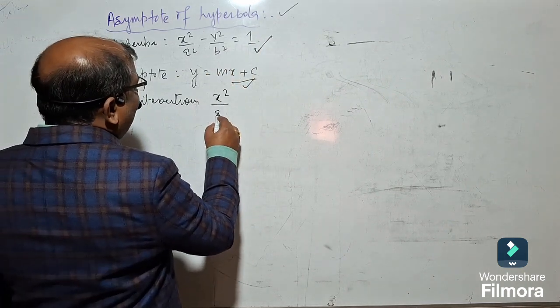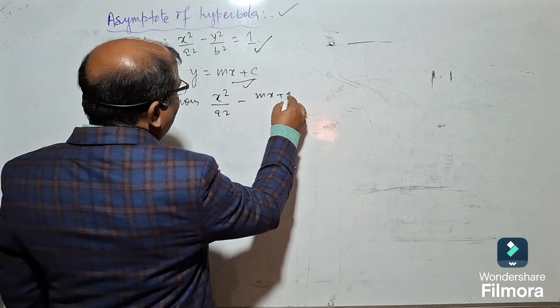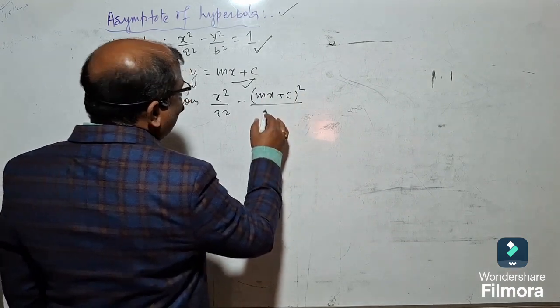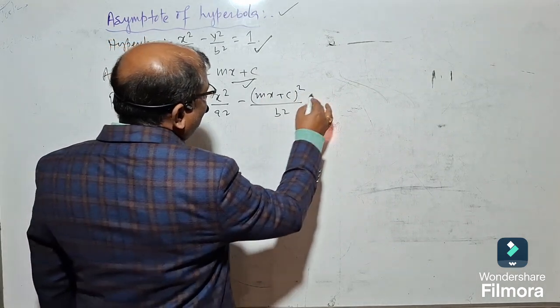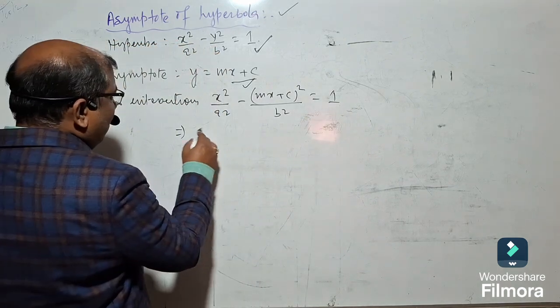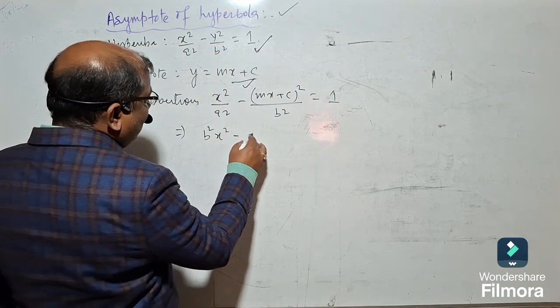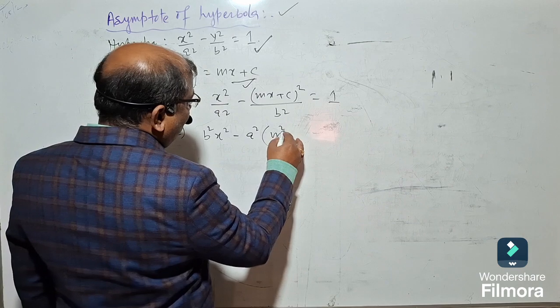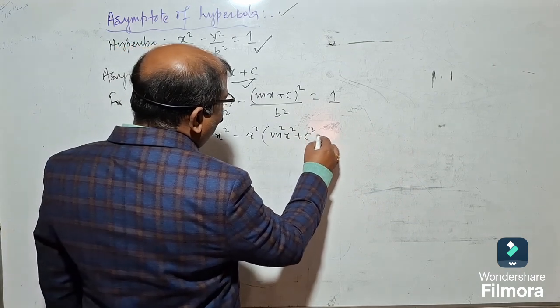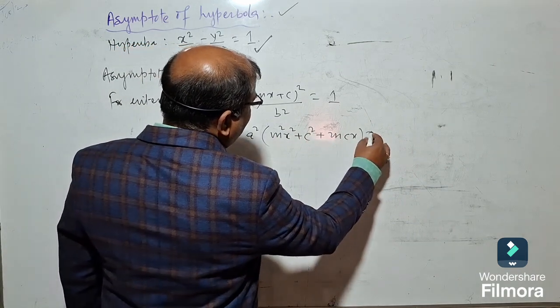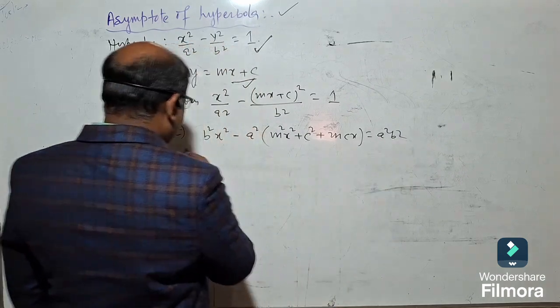and we get x square upon a square minus (mx plus c) whole square upon b square is equal to 1, which implies b square x square minus a square into (m square x square plus c square plus 2mcx) is equal to a square b square.